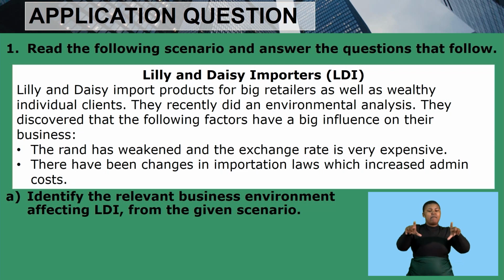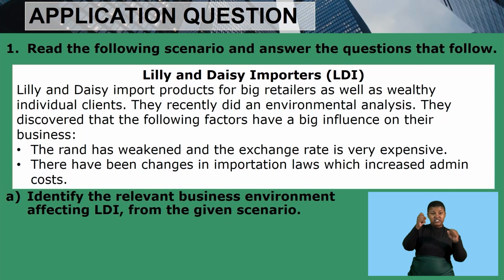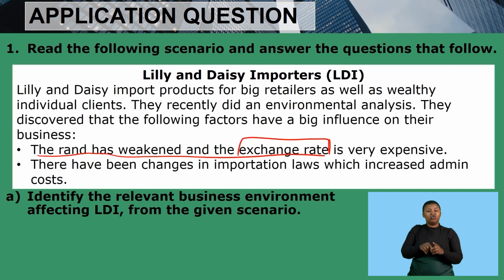Now when we look at the scenario, the first few lines are only an introduction to what is happening, or the information that the questioner wants to give us. The first bullet states that the rand has weakened and the exchange rate is expensive.